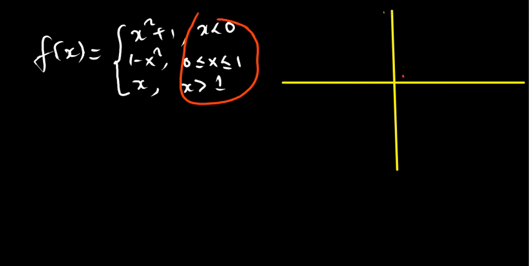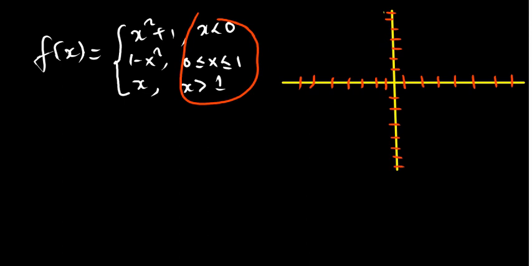We are going to put 1 2 3 4 5 6 7. The same applies to the negative part. You can even put the numbers.